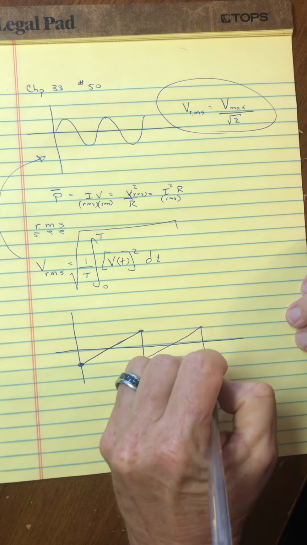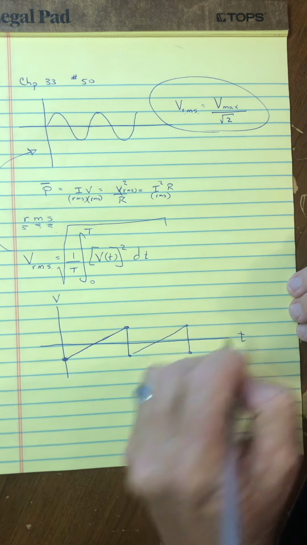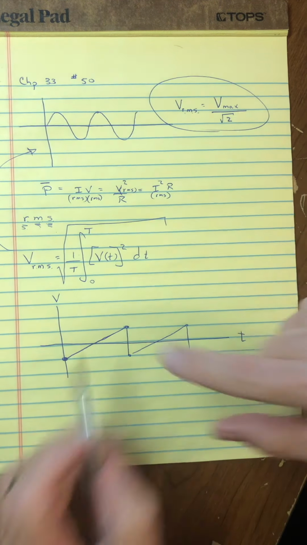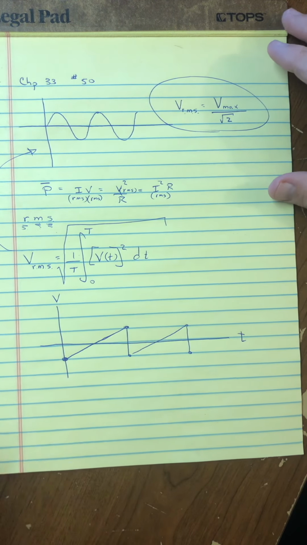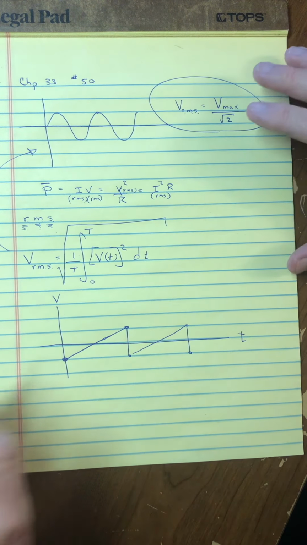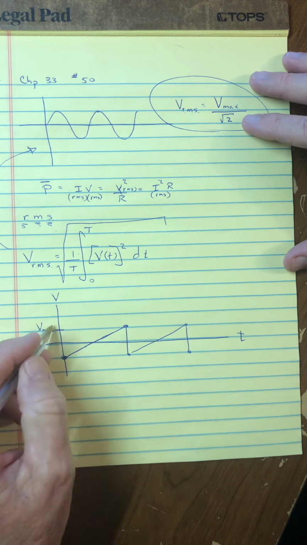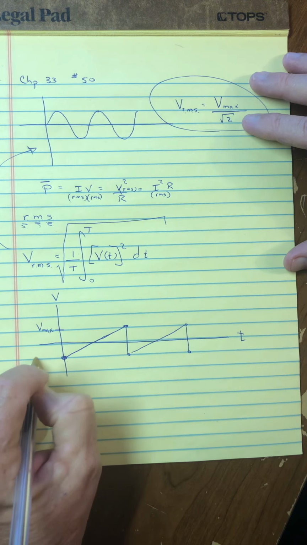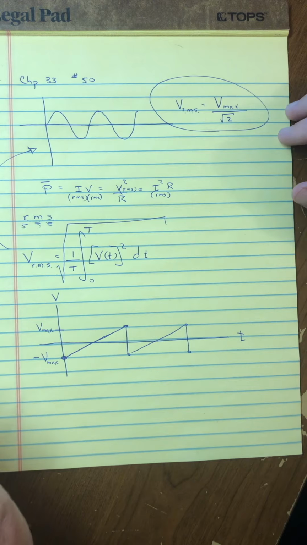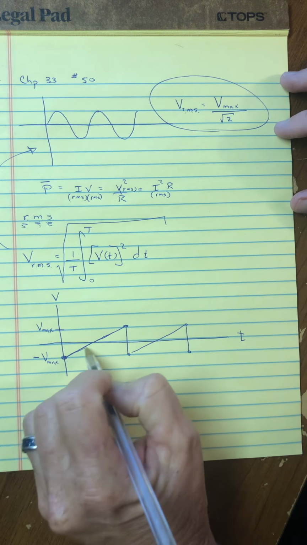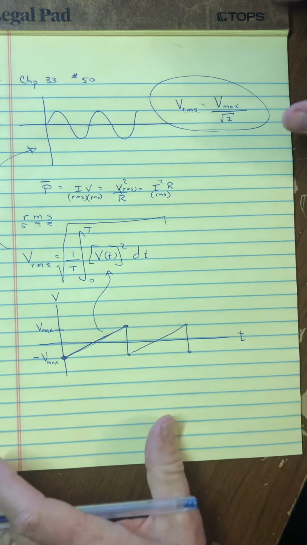I'll just draw 2 cycles here. If this is the voltage and this is time, that's 2 cycles. We only need to integrate over 1 cycle to get its average, because the same thing is going to happen over time. If we call right here its maximum value, then it goes down to the negative of its maximum value. I suppose you might call it its minimum value. But this would be the function that I need to put right there.